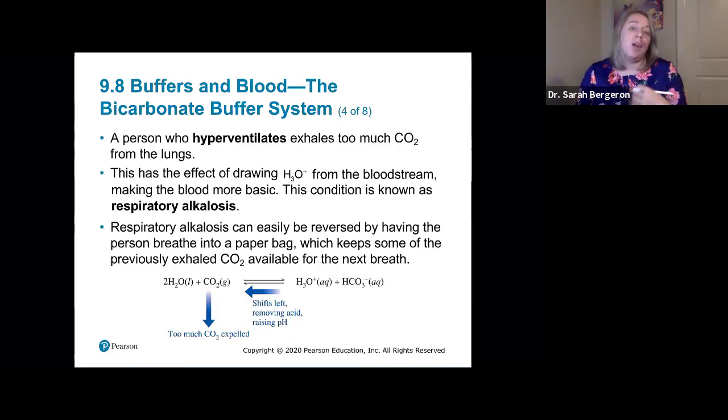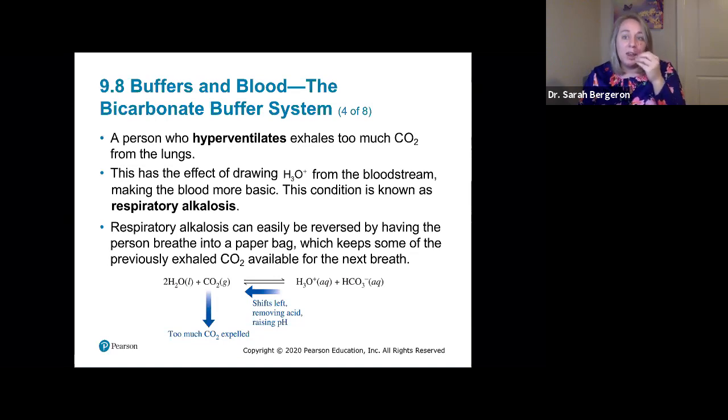And so if you're hyperventilating, that means you're actually exhaling too much carbon dioxide from the lungs. What this in essence does is that all this extra carbon dioxide has a reaction with the water. And so it draws that hydronium ion from the bloodstream and it makes the blood basic. This condition is known as respiratory alkalosis. And so respiratory alkalosis can be reversed by putting a bag over the person's mouth and having them inhale and exhale into the bag.